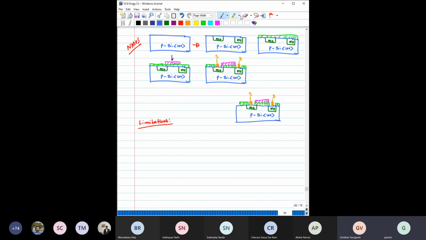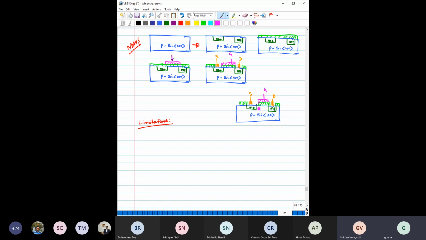Now, see, when we are saying that we have fixed this gate metal like this, it is not a practical thing. What will happen if while placing this gate metal we have made some error? Suppose we have made this type of error, that this placement has been shifted a bit to either the source side or the drain side. Now see what is happening.